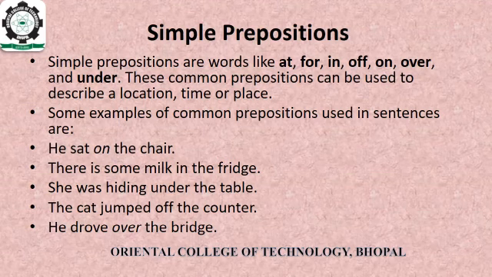These common prepositions can be used to describe a location, time, or place. Some examples of common prepositions used in sentences are: he sat on the chair, there is some milk in the fridge, she was hiding under the table, the cat jumped off the counter, he drove over the bridge.